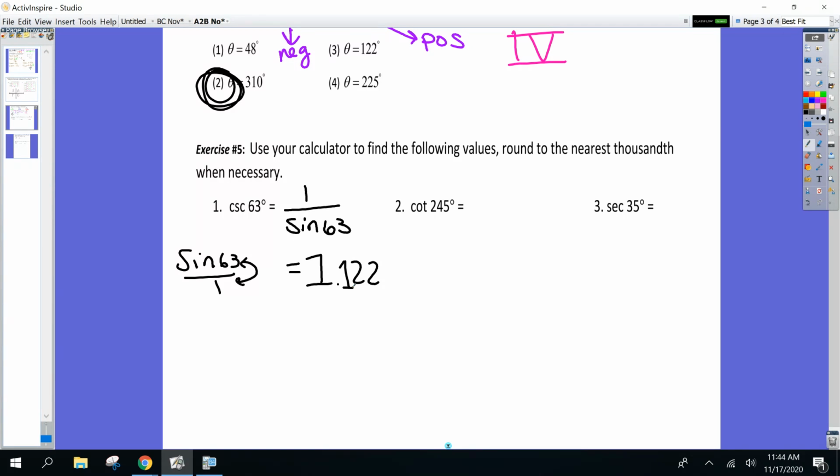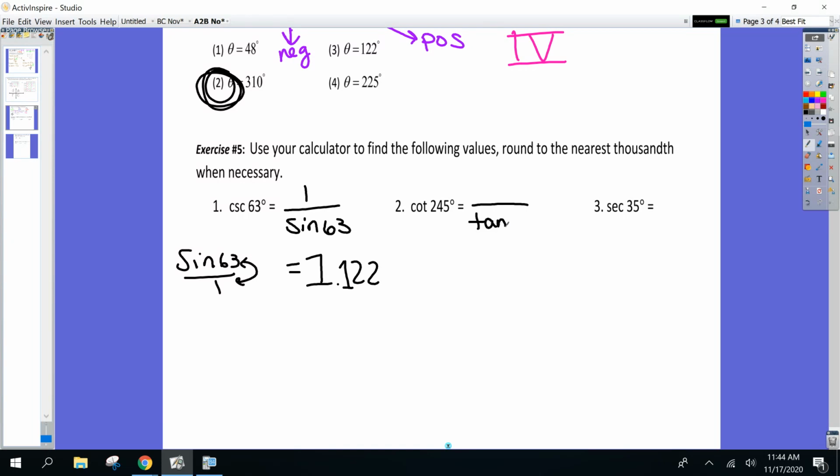Okay, you're not going to find these buttons on your calculator. You've got to know which one to flip. So number 2, cotangent of 245. You don't have a cotangent button. What are you going to type in your calculator instead? Don't type in tangent of 245.